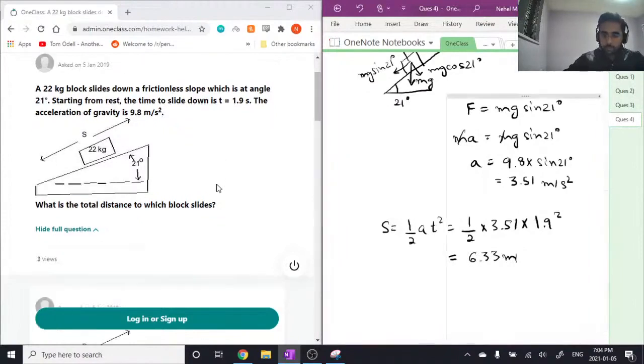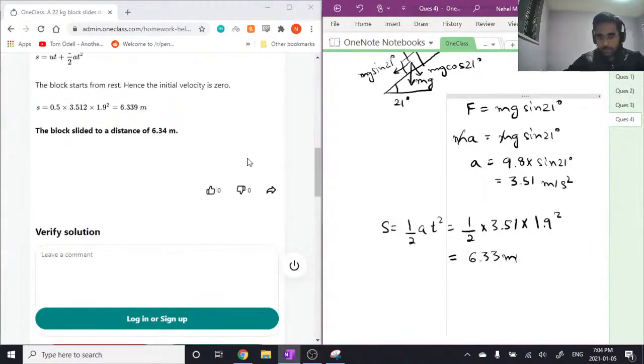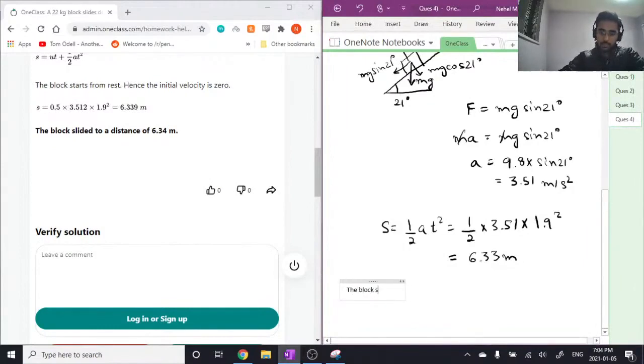So this block slides down 6.33 meters in 1.9 seconds. Let's just write that down: the block slides down the inclined plane 6.33 meters in 1.9 seconds.